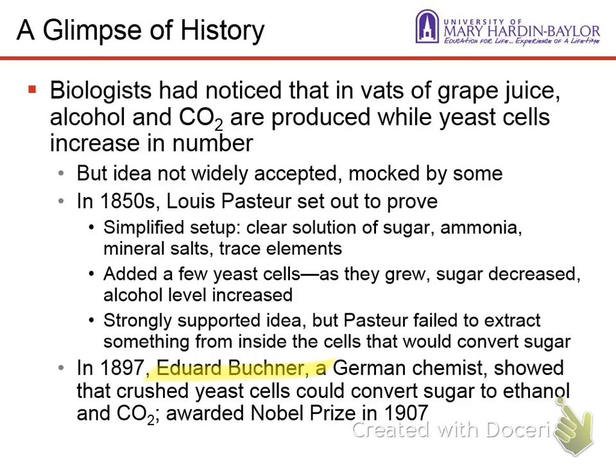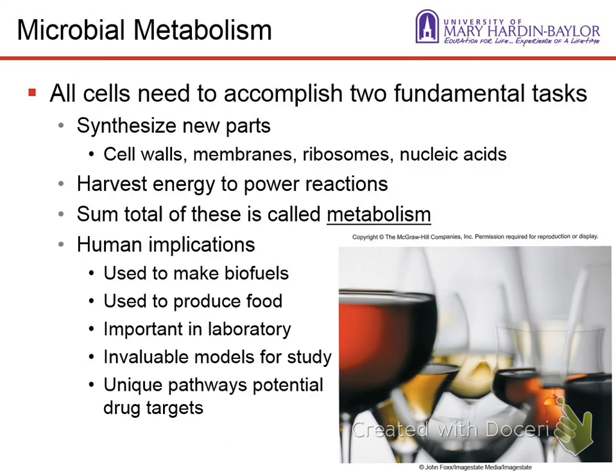They could take the sugar and convert it into alcohol and carbon dioxide. He actually ended up winning the Nobel Prize in 1907 for identifying that process. And so again, just keep in mind that even though this stuff is common knowledge to you, it's not that long ago that the processes really weren't understood well.